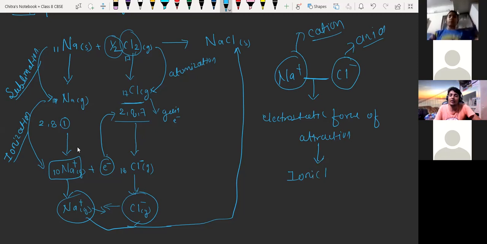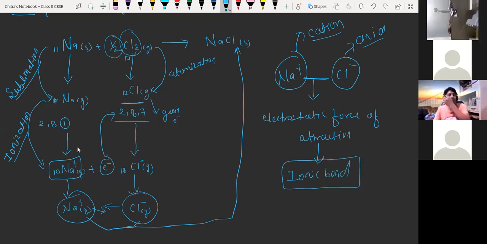This is the way ionic bonds are formed. This process of formation of sodium chloride step by step was explained by Born and Haber. That's why this cycle of formation of sodium chloride is called the Born-Haber cycle.